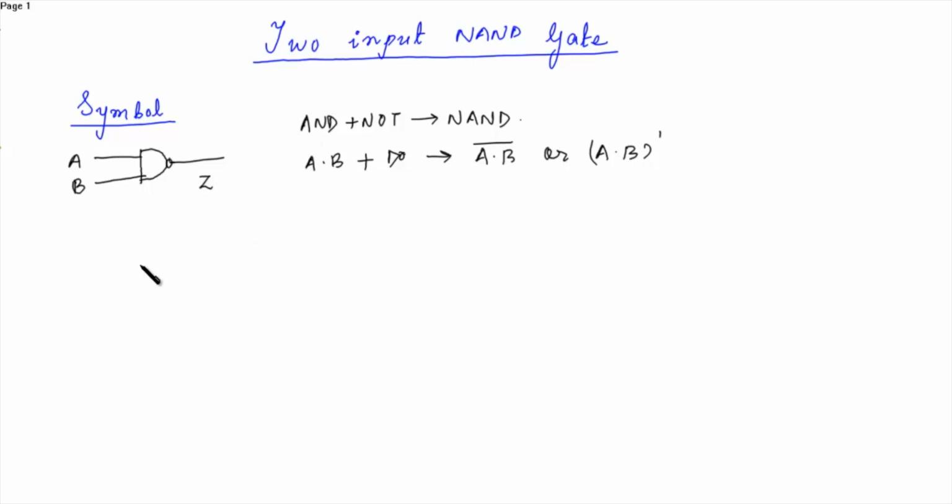Now the truth table of a NAND gate is written as follows.